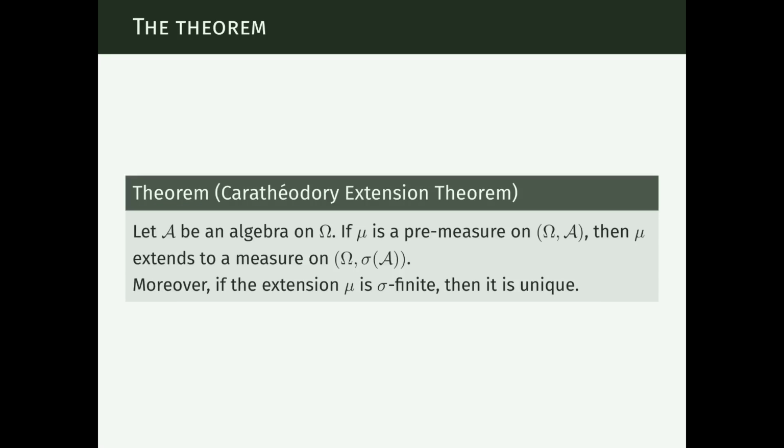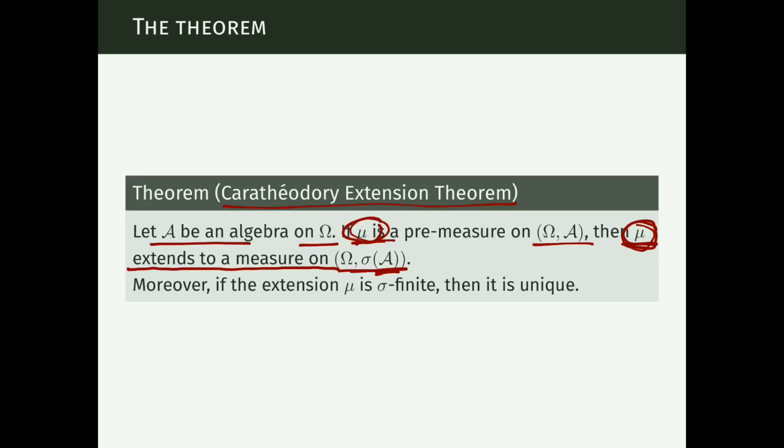And Carathéodory's extension theorem says the following: if we have an algebra A of subsets on a sample space, and we have a pre-measure on this measurable space, then this pre-measure can be extended to a measure on the sigma algebra generated by A. This means we can define a new function, which by abuse I'm also denoting by the same letter mu, because it extends mu.